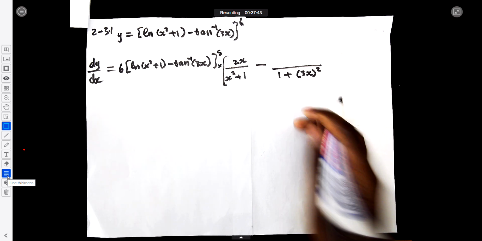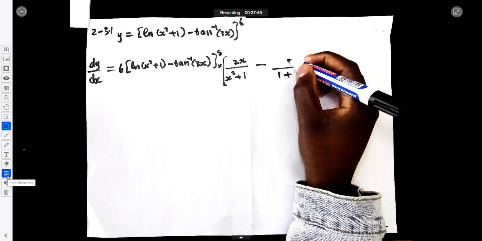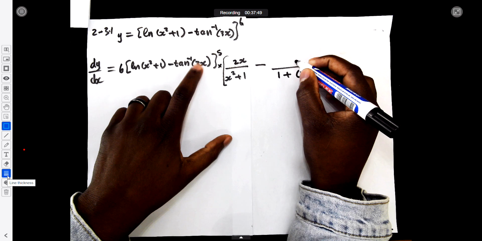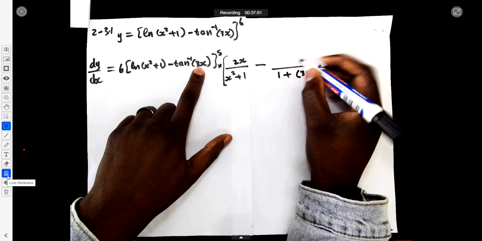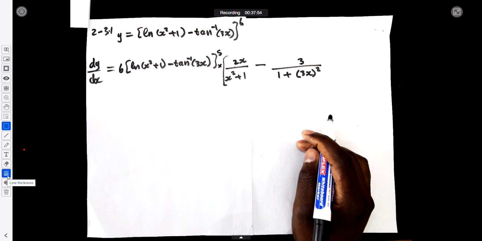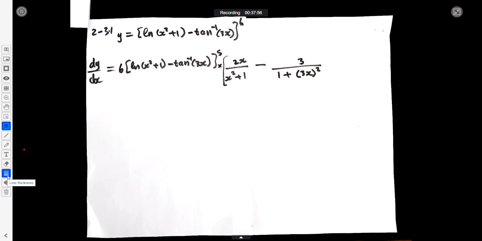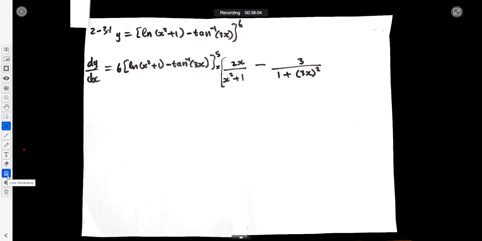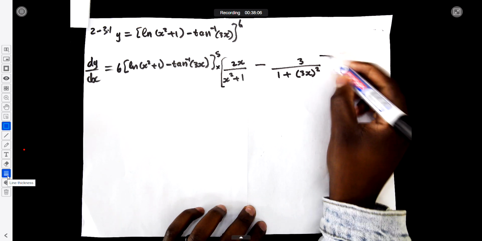Then the rule says that in the numerator we must have the derivative of the function inside the tan. So the derivative of 3x is 3, isn't it? That is the rule. But if it was just x, the derivative was going to be 1, all divided by 1 plus x squared. So now it is squared, and the numerator must have the derivative of the function inside.